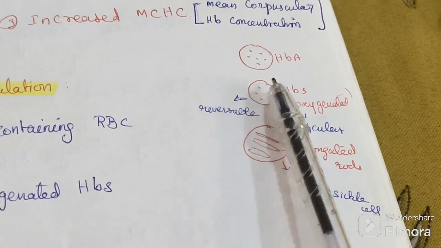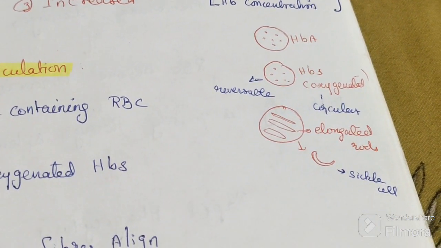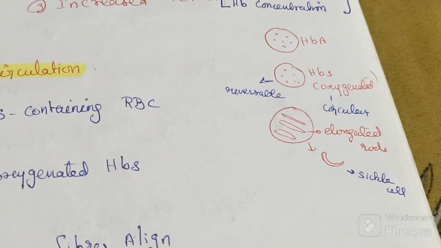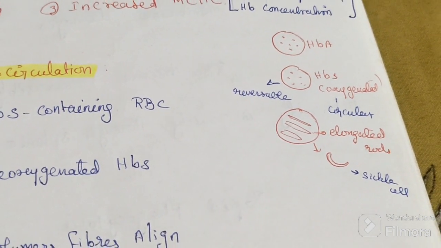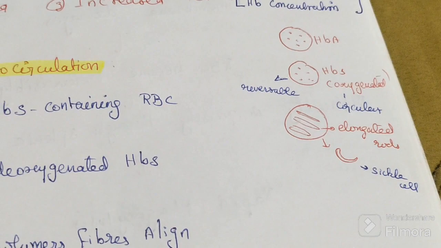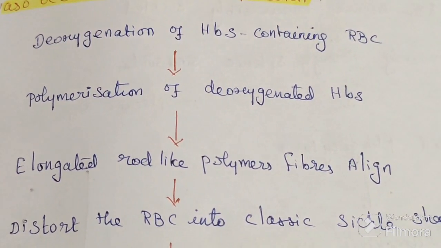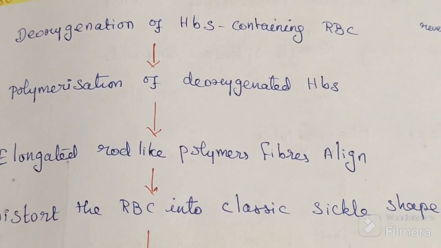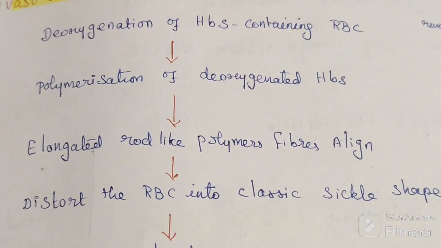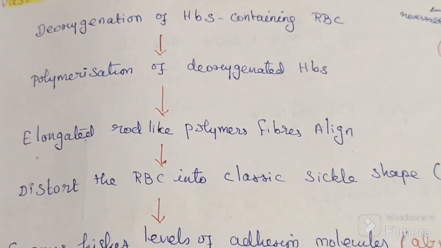Elongation will happen inside. To accommodate that elongated rod, the RBC will become sickle shaped. Okay, it changes to this shape. During the oxygenated state, the RBC is circular, but during the deoxygenated state, it is converted into sickle shape. So this is the complete phenomenon.